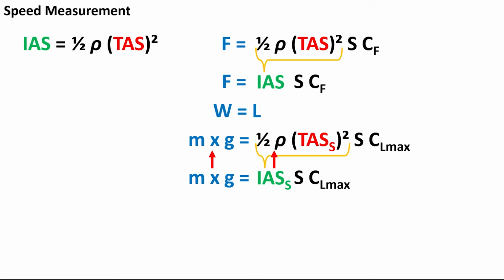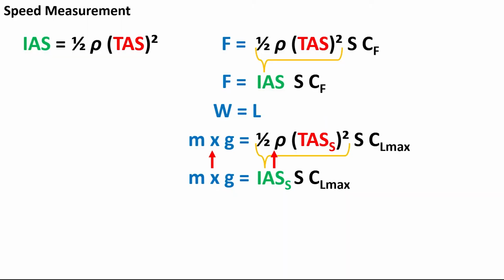This is why the manufacturer will publish various stall speeds at different masses, but the most important mass at which you need to know your stall speed is the highest mass that you can ever have, and that highest mass is simply the maximum takeoff mass at the CG forward.